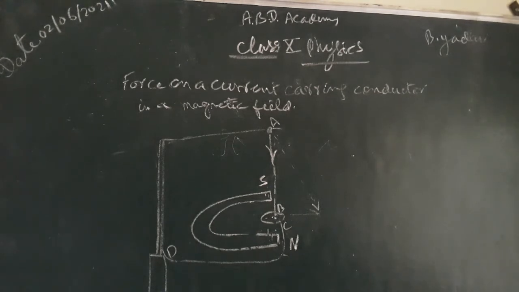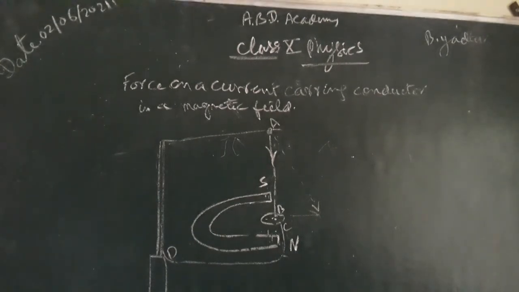So this is an example. On this principle, a Barlow's wheel or electric motor can be explained, how they work on this principle of force on a current carrying conductor in a magnetic field, students.